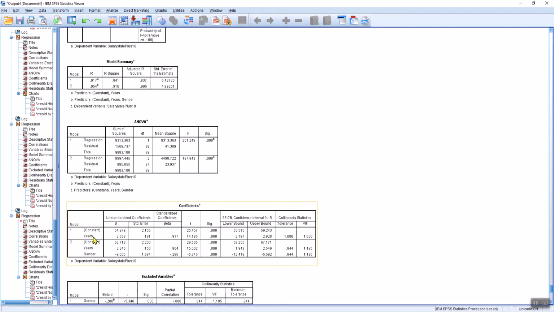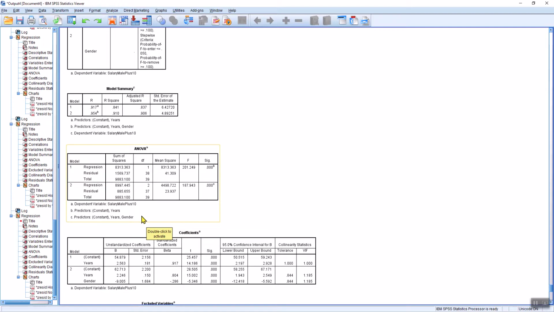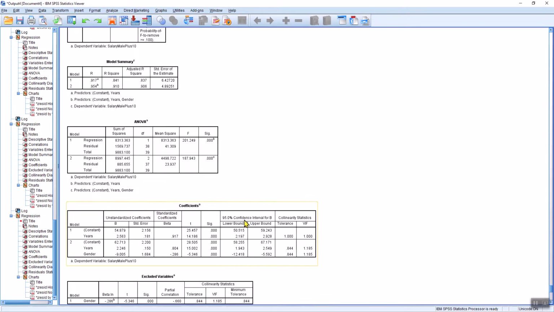In step 1, you just take the biggest predictor, put it in, let it have its way, and then you take the second largest significant predictor and put that one in, and you see that it changes from one step to the next. There are important differences between the simultaneous or forced entry method and stepwise regression method. There are some decisions that researchers need to make in terms of which one to use for what purposes. I won't go into that here. I just wanted to point out that you do get different answers depending on which method you use.